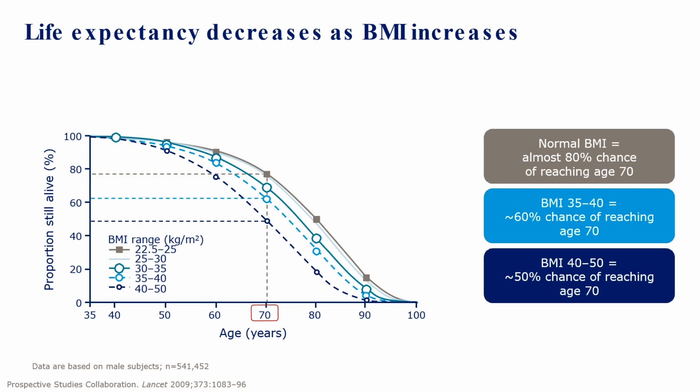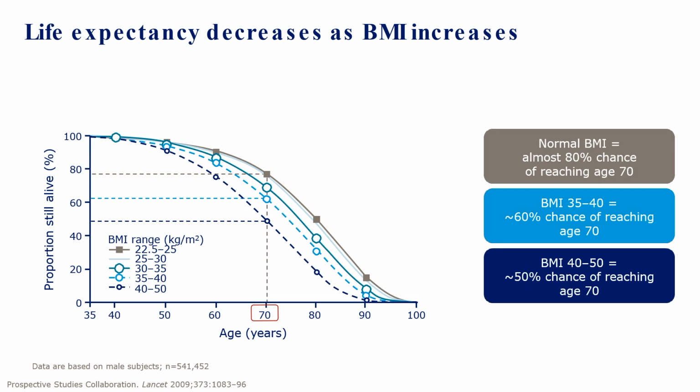The question then is, does it matter? And the answer is really shown here in part, which is a Kaplan-Meier curve. And if you look at that in the brown, which is the normal BMI, what you're seeing is the proportion of people who are alive on the y-axis, and on the x-axis you're looking at age. And if one looks at the age of 70, if you have a normal BMI, you have almost an 80% chance of reaching the age of 70.